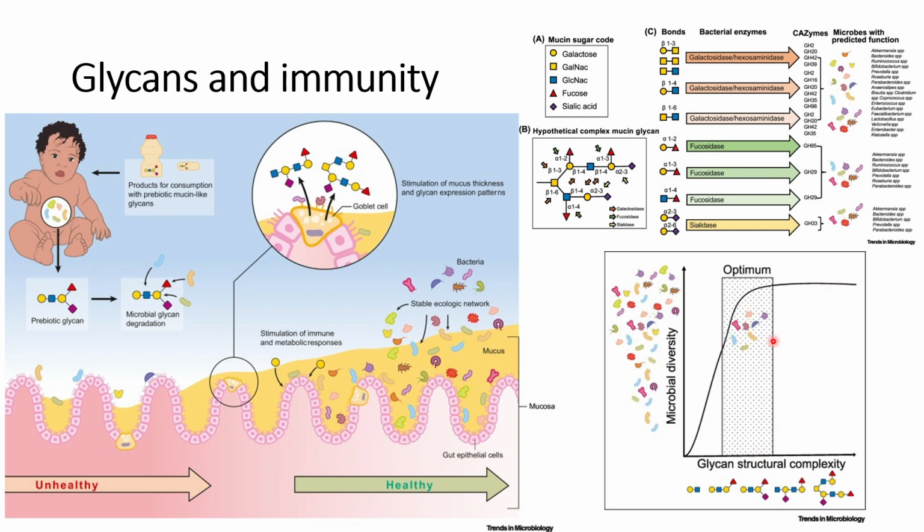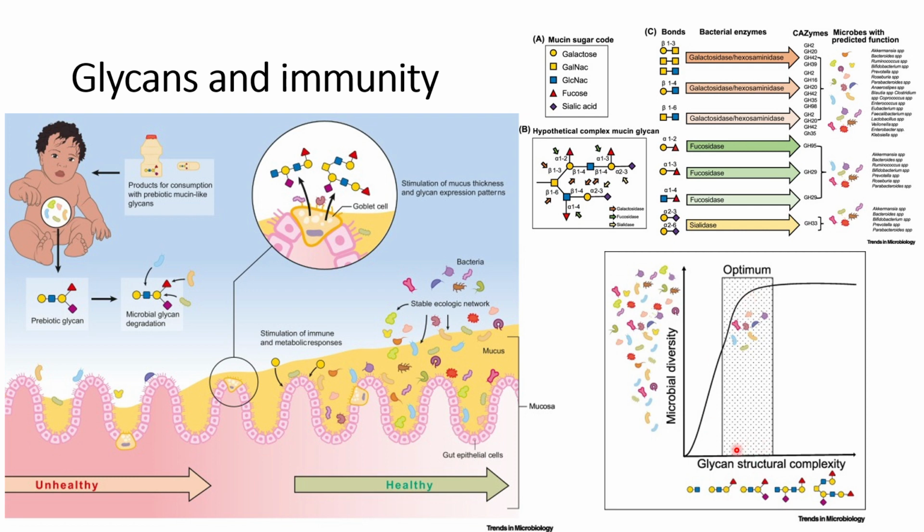So the optimum glycan complexity required to take care of microbial diversity is within this region, where the glycan complexity is enough to take care of the maximum number of microbes that human beings are presently exposed to.